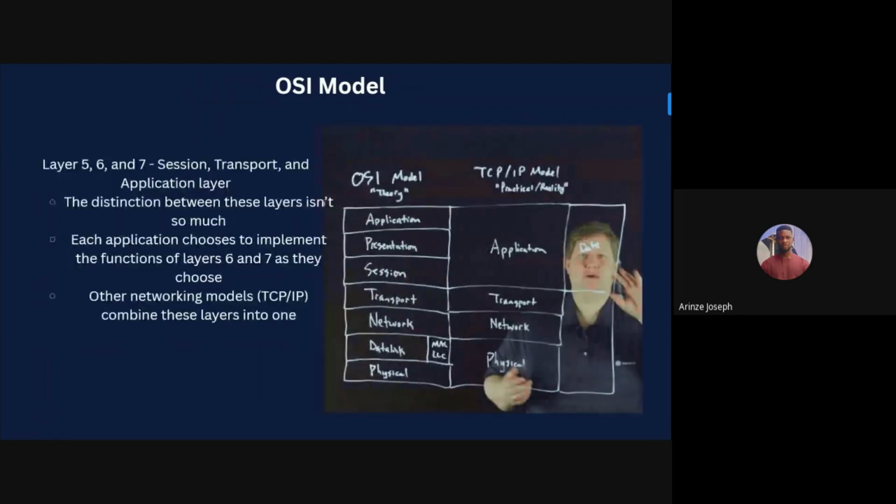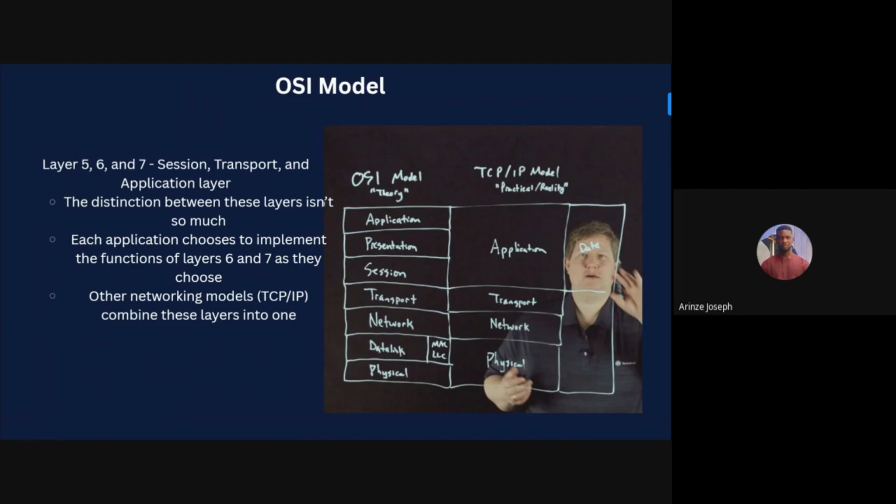Then going further, layer 5, layer 6, and layer 7, which are session, presentation, and application layer. The difference between these three is not really much. That is why they are bundled in the TCP/IP model.